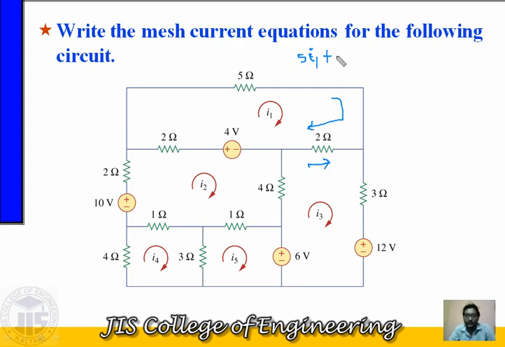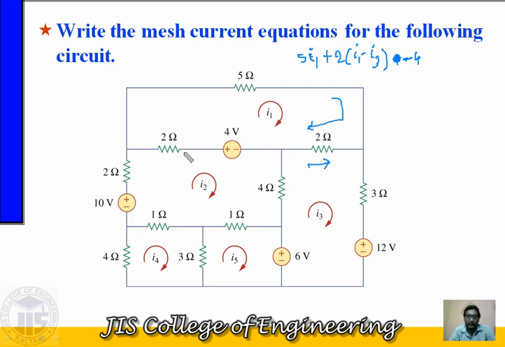So obviously we have to write 2 into I1 minus I3. Then again the voltage. It means we are going for the negative terminal of this voltage, so it won't be plus, there will be minus 4.